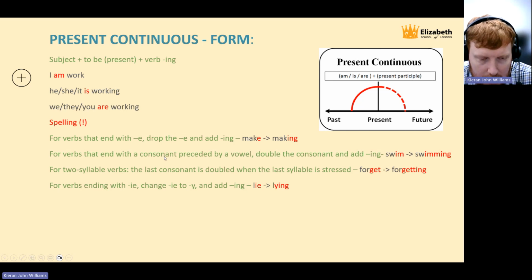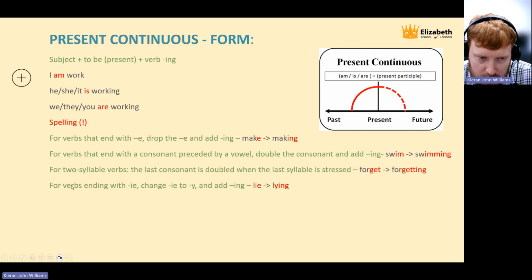Consonants are those letters like B, C, D, F, G, H, etc. Vowels are A, E, I, O, U. So if the verb ends in a vowel and then a consonant, like the word swim, I is a vowel, M is a consonant. So if you have that kind of situation, what you do is you double the consonant. So you have two M's and then you add ing onto the end of it.